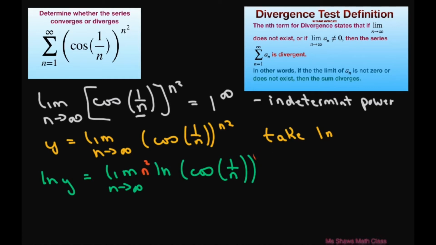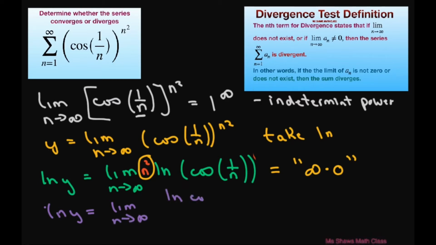Now let's look and see what we have. This is the form of infinity times 0. So now let's go ahead and just rewrite this part as the ln of y equals the limit as n approaches infinity of ln of cosine of 1 divided by n, divided by 1 divided by n squared.